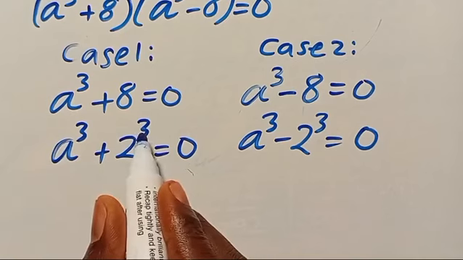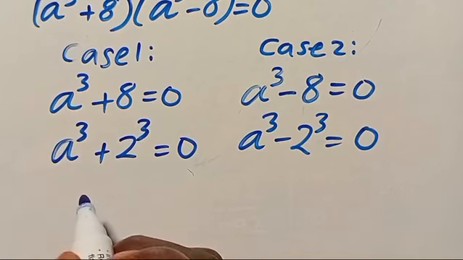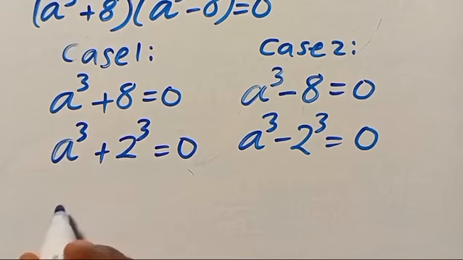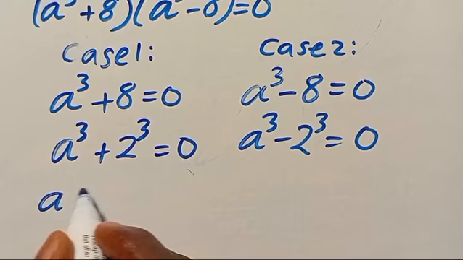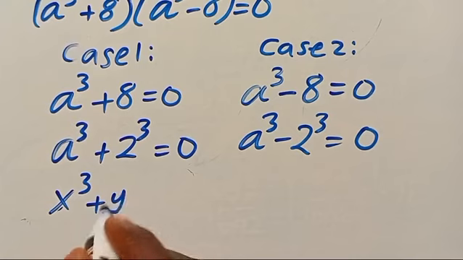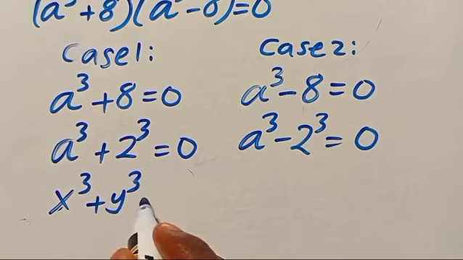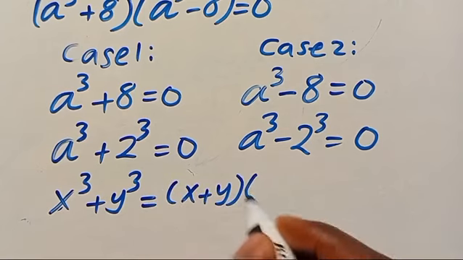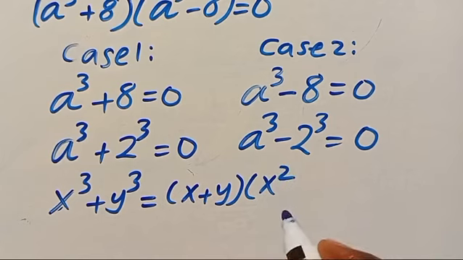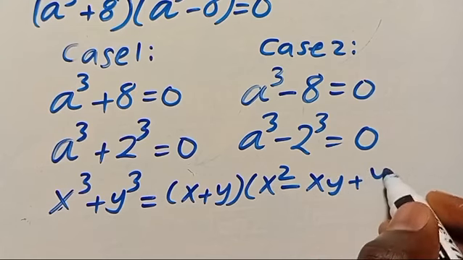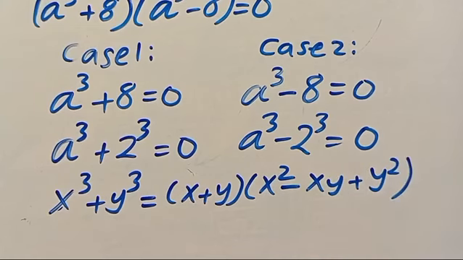We have them in power 3, and this one is the sum of two cubes: x to the power of 3 plus y to the power of 3 equals x plus y multiplied by x square minus xy plus y square.